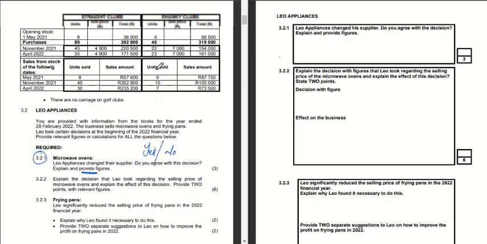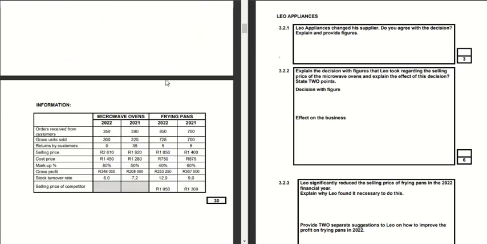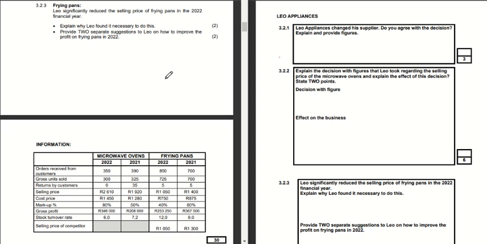With the information we're given on the microwave ovens, in the previous year, 2021, they had returned 35 to the supplier. But in this year, after they've changed the supplier, their returns are 0. So do you support this? Your answer has to begin with yes.